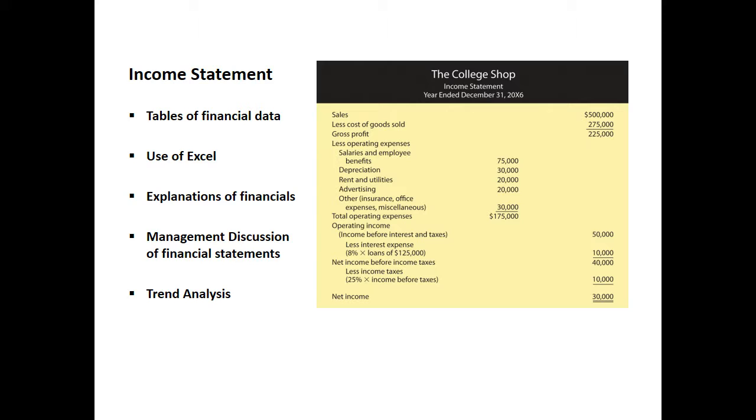For example, if you have an income statement for years ended 2014 and 2015, you're going to calculate the dollar change from 2014 to 2015, and then the percentage change, and those calculations are explained to you in part 6 of part 2. So if you have any questions about that, please let me know.